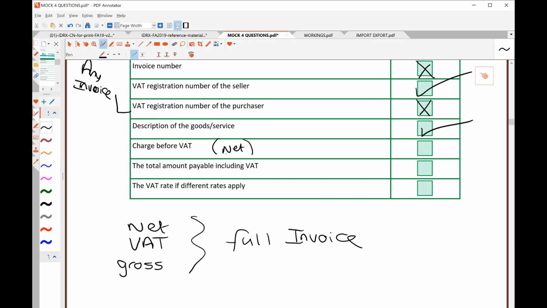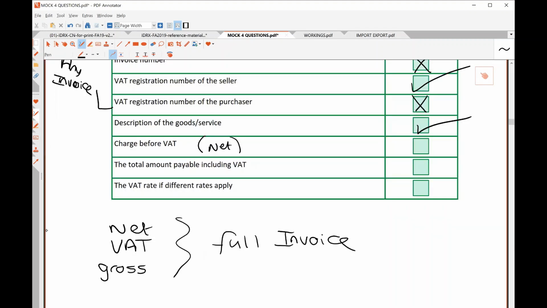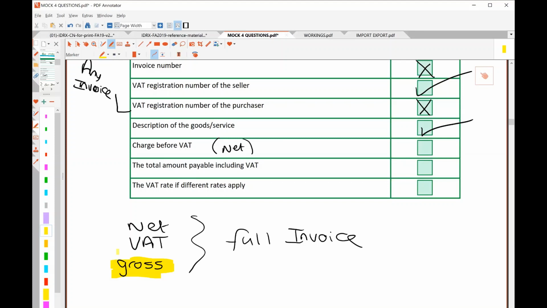Because weirdly, on a simplified invoice, all they want, or all we need, oh sorry, I'm not doing a great job of my highlighters today, is that all they say you've got to include is just the gross. So they don't want the figure before VAT. So that's a definite no-no.